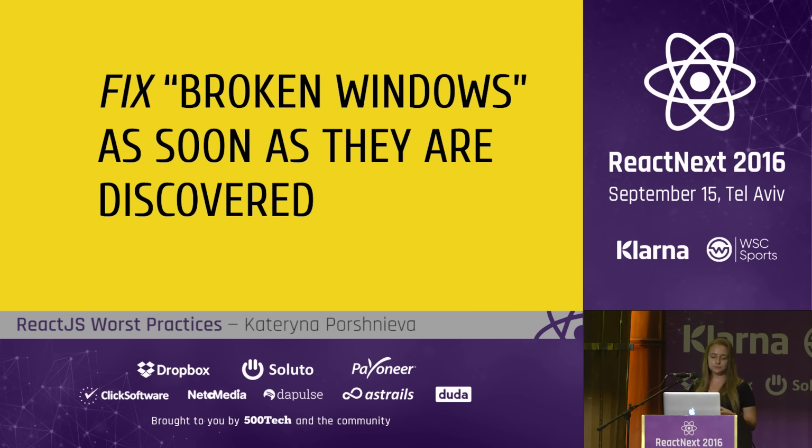And if you find no time to fix a broken window or a bad design decision properly, then you can just leave a to-do or fix me comment, or create a task in your bug tracker.